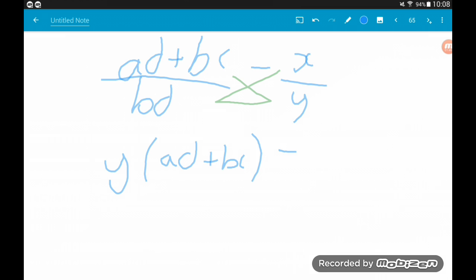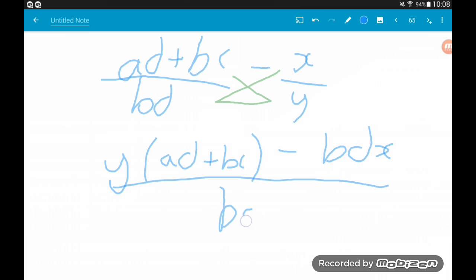So we're going to get bdx, and then it's all over the two denominators multiplied together, so bdy, like that. Now we could expand that bracket at the start, but we don't really need to. All that we're doing here is getting used to adding and subtracting these fractions. Okay, that one's good.